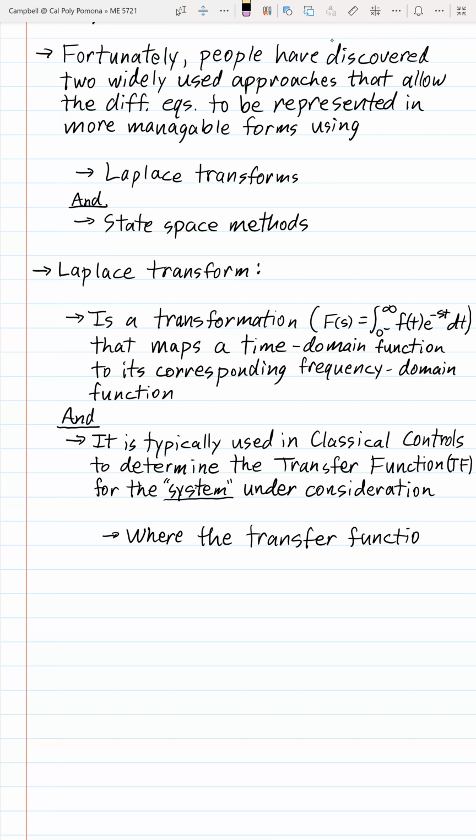And the key was that the output is the input. We'll discuss that in a second. So here's the output, and X is equal to the input, or here, let's say U.